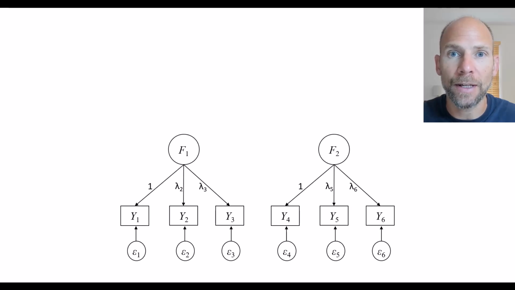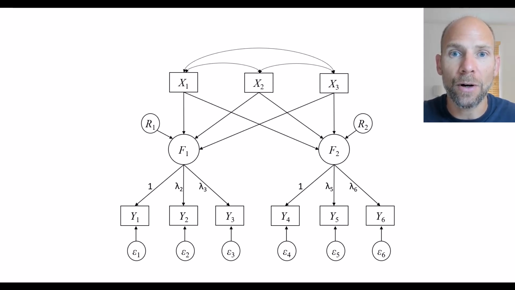So first of all, what is a MIMIC model? I have a separate video on this topic where I discuss MIMIC models in a little bit more detail that you can check out as well, but just real quick, as a reminder, a MIMIC model is a confirmatory factor analysis model, like for example this one here with two factors, where you have covariates of the factors.